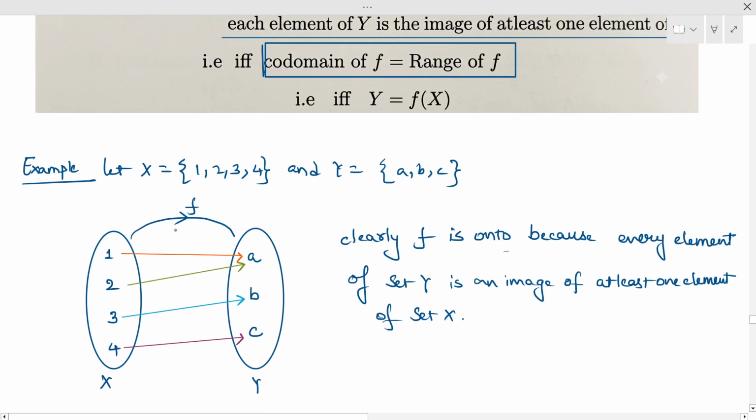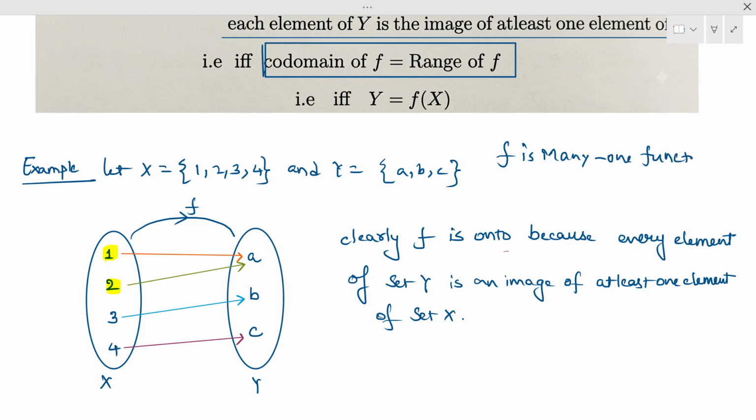Suppose I have a function f from x to y. You can see that 1 maps to a, 2 maps to a, 3 maps to b, 4 maps to c. Now 1 and 2 map to the same element a. So first thing, it is a many-one function, right? So f is a many-one function.